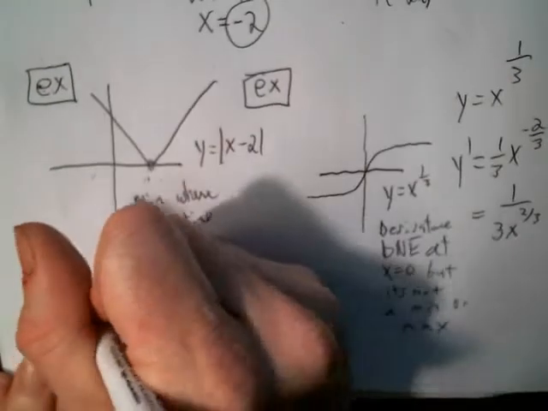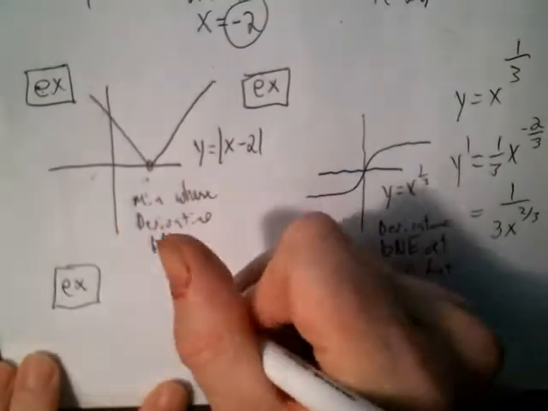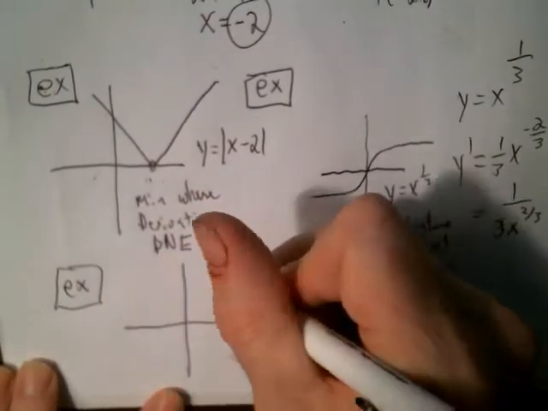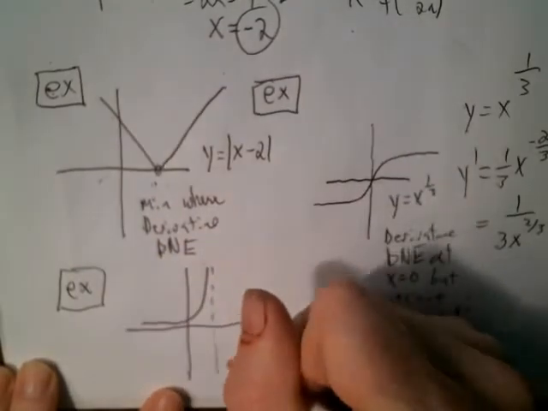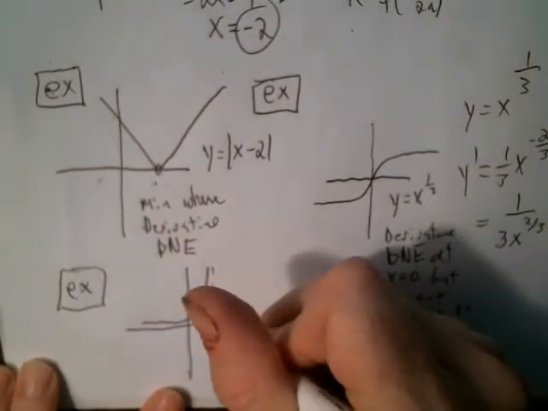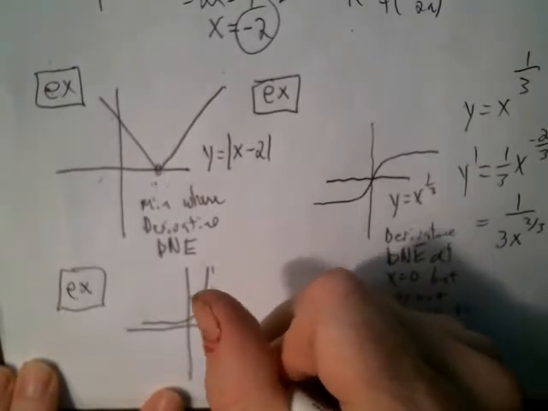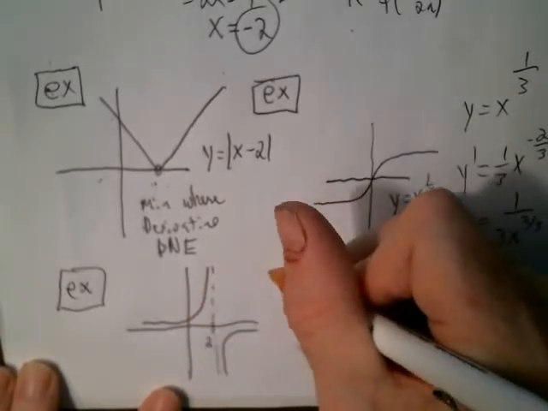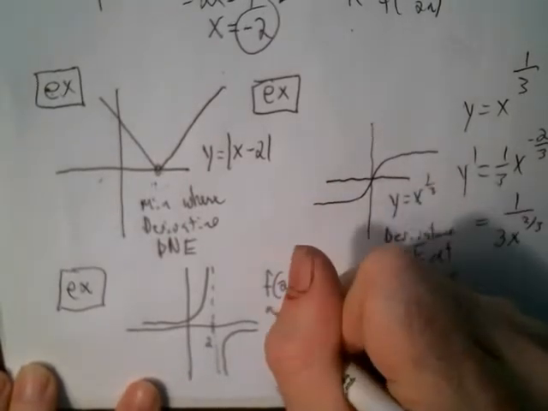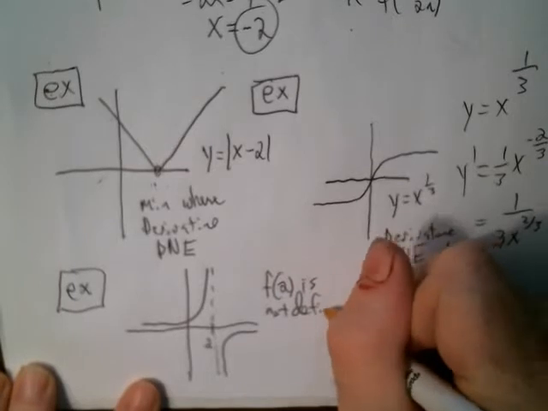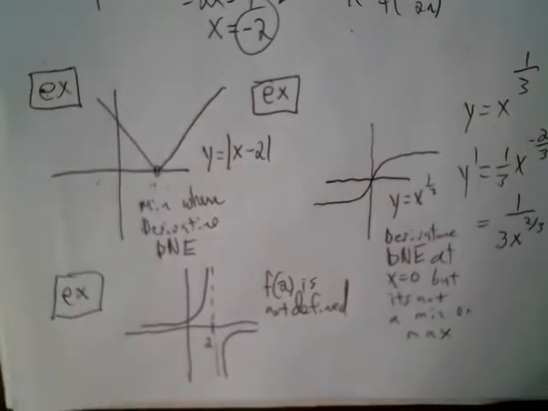So there's also this issue. For example, here I have something that most obviously does not have a derivative at this particular point. Say this is x equals 2. f of 2 is not even defined. Obviously, whatever the derivative is, it's not going to be differentiable there either.